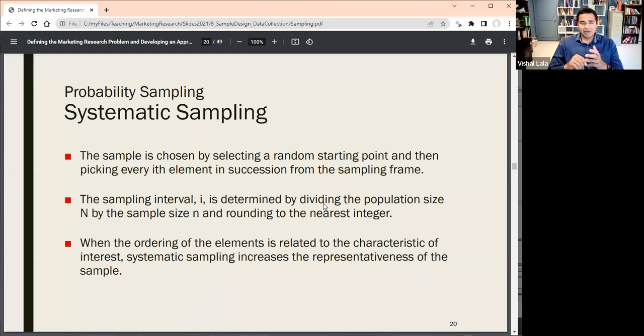Another type of probability sampling is systematic sampling. This attempts to mimic random sampling by using a system to choose observational units. For example, if you have let's say a database of 1,000 observations and you want to choose, let's say, a sample of 10, you could choose every 100th observation.